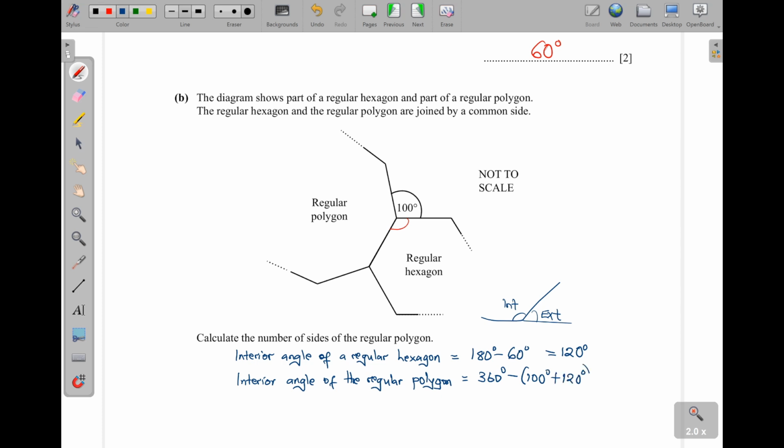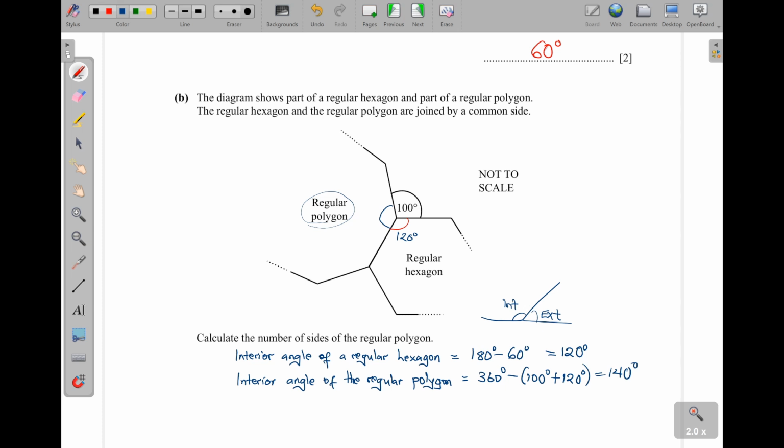You know that angles at a point add up to 360. So this is the interior angle of the regular polygon. Okay, so we subtract this 100 and the 120 we know here. 100 plus 120, that is 220. Subtract from 360, that one will give us 140 degrees.